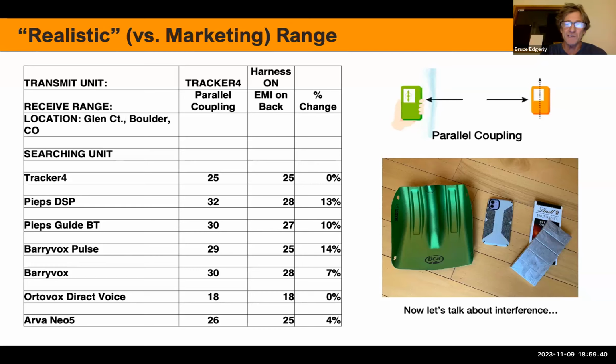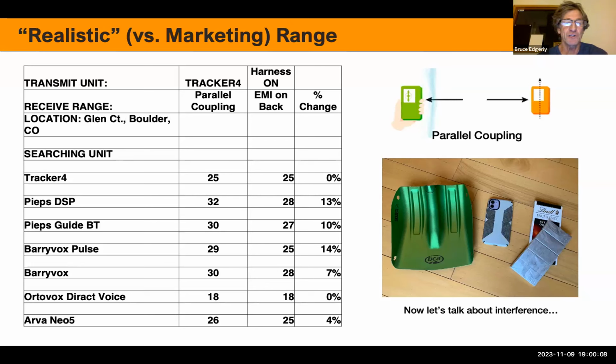And once you do match the orientation, that's what we would call the parallel coupling range, which I think is the most realistic way to measure range. So that's what I was doing all week, but I was doing it with interference sources on the transmitter.